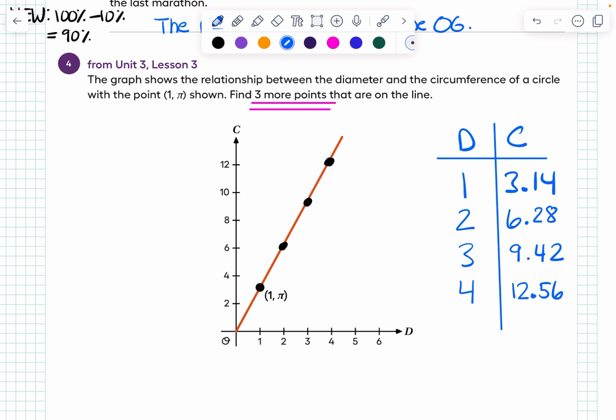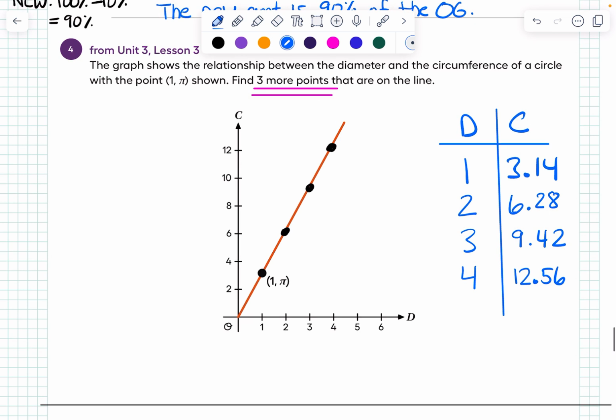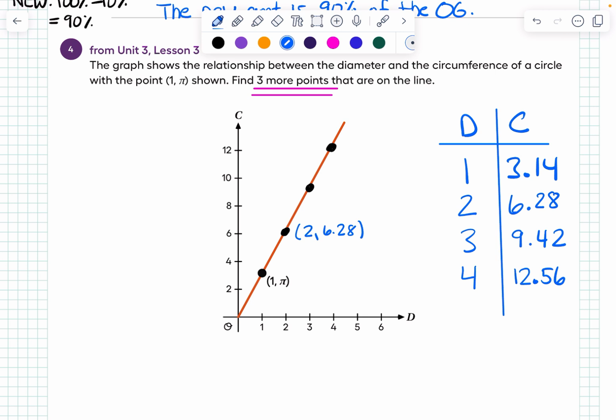So these are all points that would be on the line. So we could say 2 to 6.28, because yeah, you can see that it's a fraction, 3 to 9.42, and 4 to 12.56. You could have also sliced it in half or made it 5 times bigger or 6 times bigger, but that's what I did.